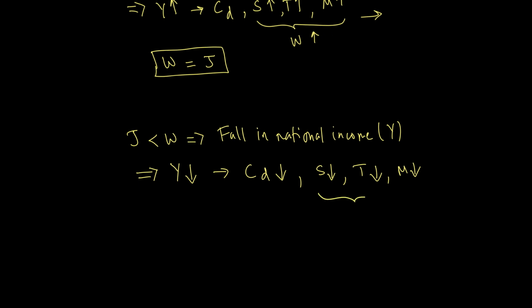So withdrawals will fall, and this fall of withdrawal will keep on happening till W becomes equal to J. Remember, W was greater than J, or J was less than W, but when J is less than W, incomes fall, and then this fall of income will lead to again the fall of W till W and J become equal. So we say, in short, that in equilibrium, all the injections in the circular flow are equal to withdrawals in the circular flow.